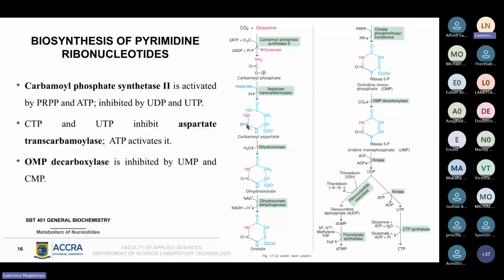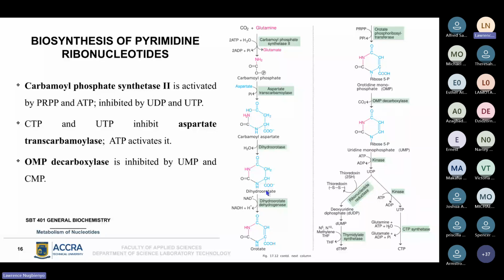So this process is much easier, much shorter than what we saw with the synthesis of the purines. I mean, that is because the purine is having two rings. One, first of all, the imidazole ring, which is the 5-sided ring before the 6-sided ring. Here is only one 6-sided ring, and so it's easily formed.